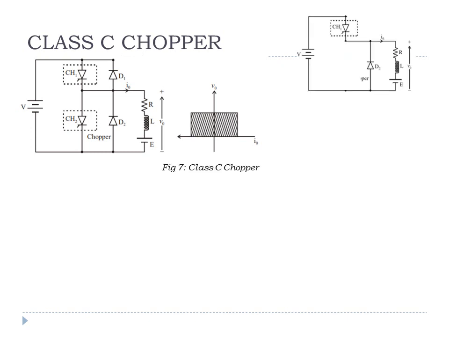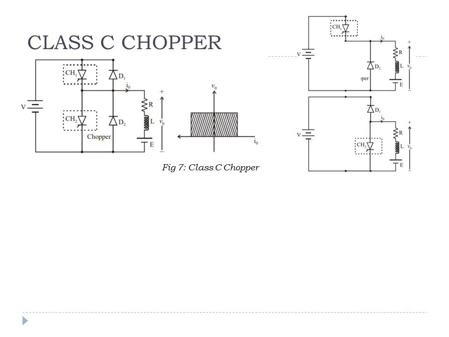This is when chopper 1 and diode D2 are conducting. This is equivalent to the first quadrant operation, because in this case the output average voltage will be positive and current is flowing towards the load. So both current and voltage are positive.